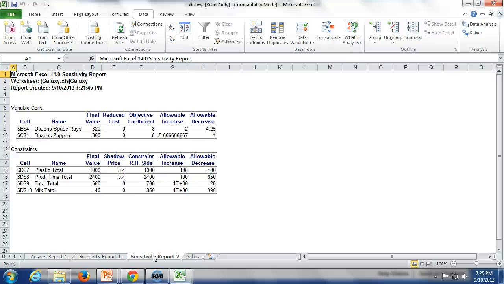$4.40. So the correct answer to this is yes, I do buy it, okay? Because I make an extra $3.40, but that $1 is already baked into that profit coefficient. Does that make sense? It's an included cost. It's already factored in.